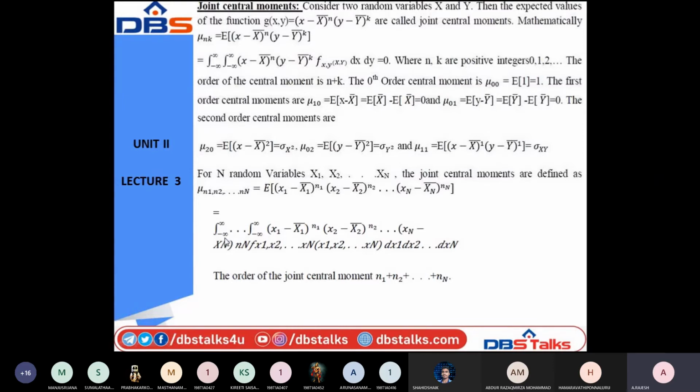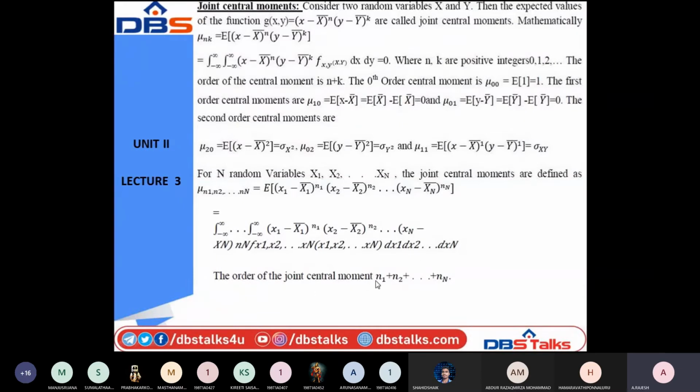Integral minus infinity to infinity, so on, x1 minus x1 complement whole to the power of n1 into x2, so on, xn minus xn complement whole to the power of nn into the joint density f of x1 x2 x3 so on xn, dx1 dx2 so on dxn.